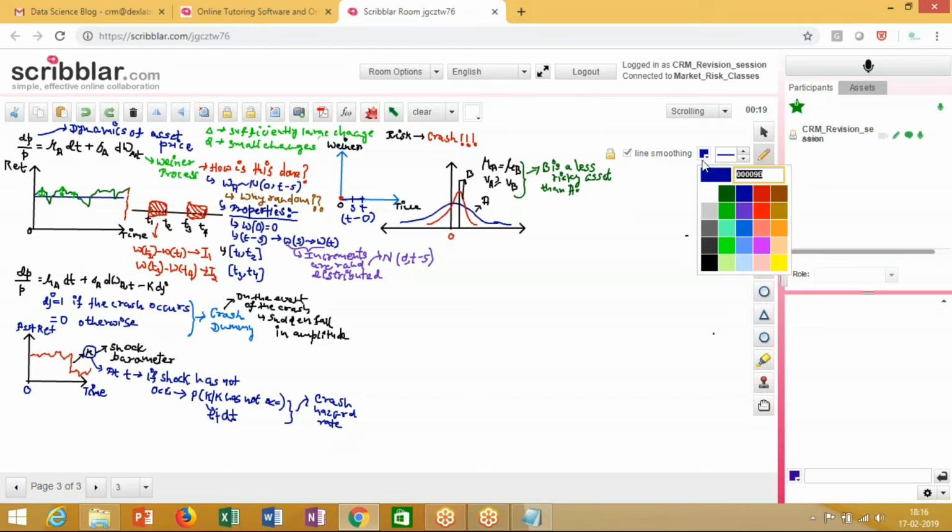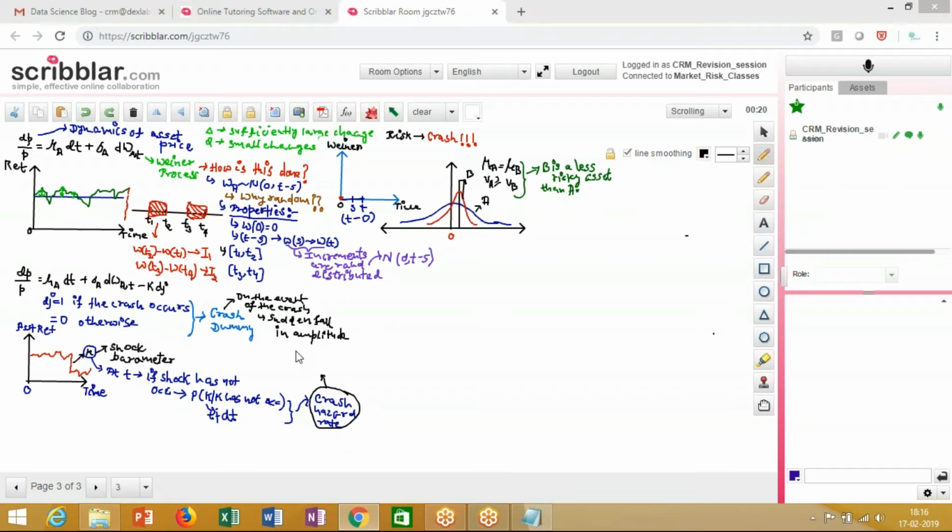Predicting this rate is the biggest challenge, or the heart of the risk management strategy. So that is what the crash hazard rate is, and the prediction or the modeling part would involve estimating this rate.